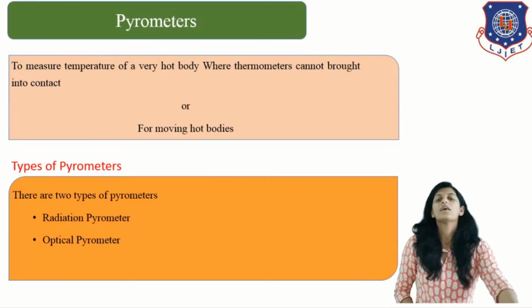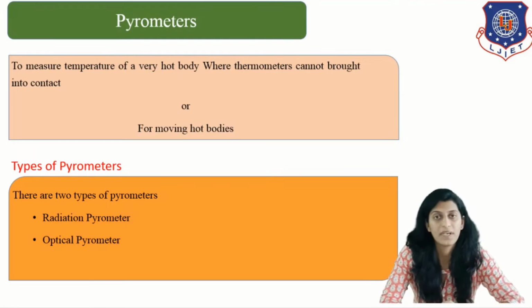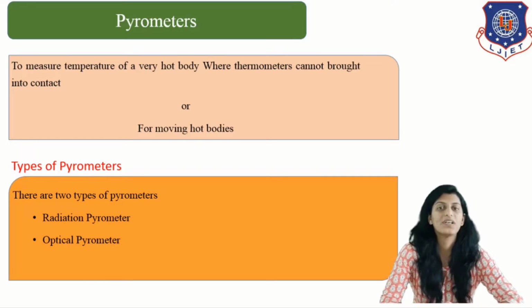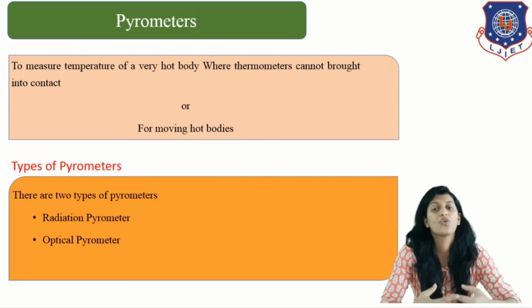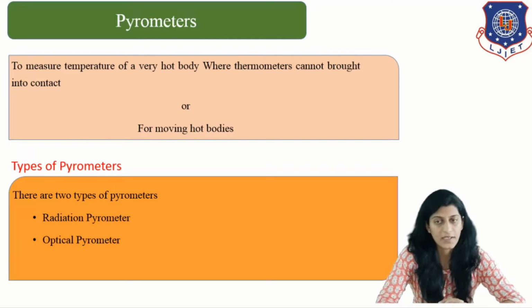Now, coming to equipment, we have pyrometers. Pyrometers are devices used to measure the temperature of moving objects or very hot objects, those objects which we cannot approach directly or touch. For those cases we use pyrometers.